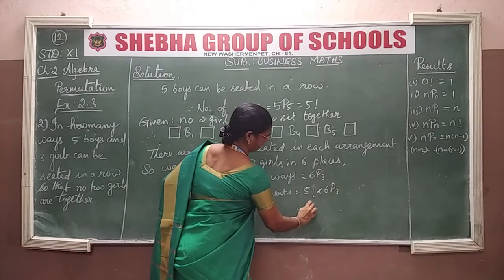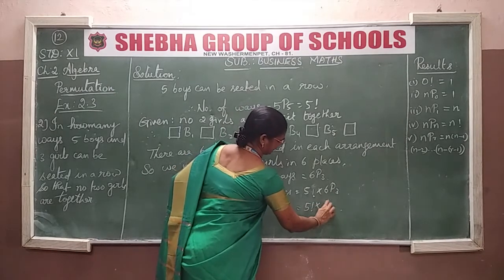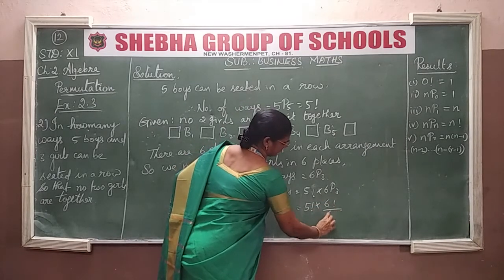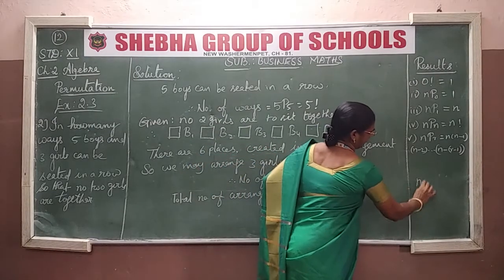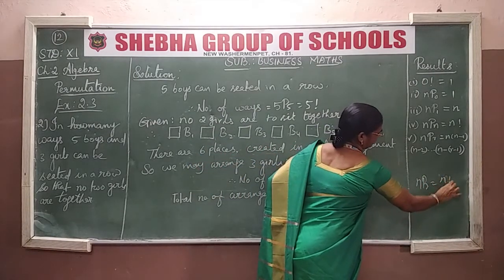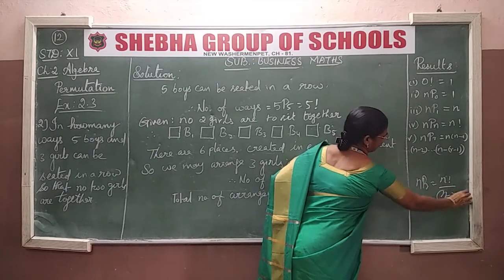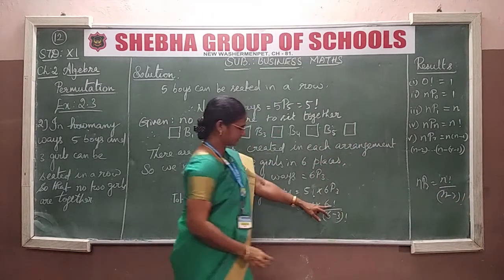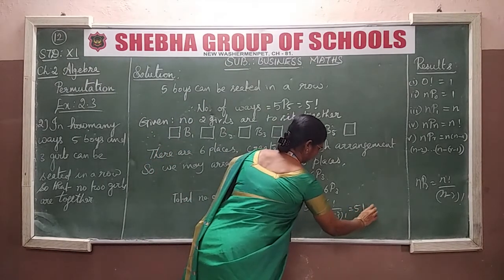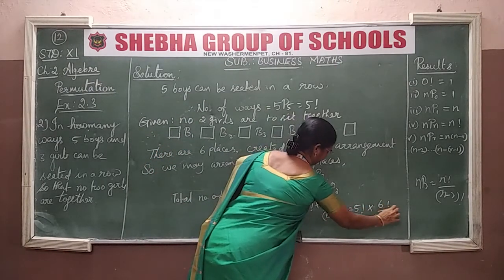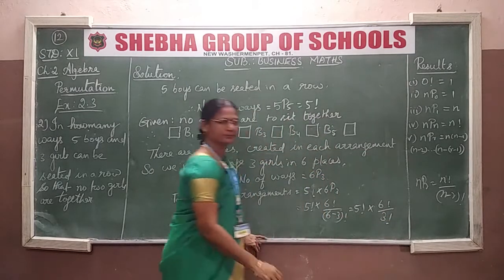This is equal to 5 factorial into 6 factorial by (6 minus 3) factorial. We know nPr is n factorial by (n minus r) factorial, isn't it? Using this we get 5 factorial into 6 factorial by 3 factorial.